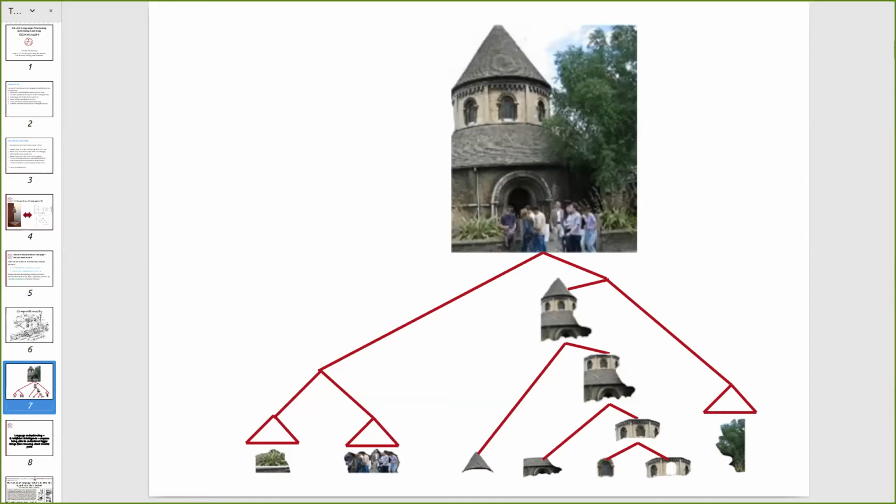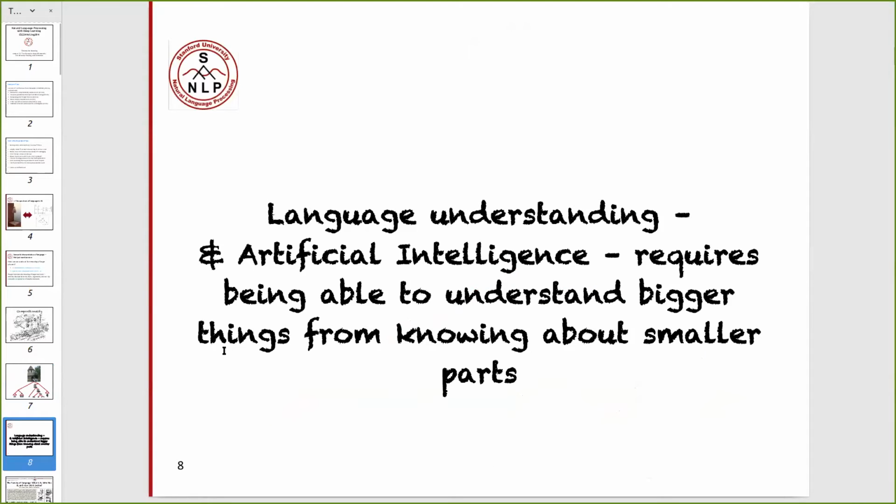We have trees, we have people, and then we have different parts of this building or structure here. So compositionality exists in language, and it's there in vision as well. And yes, making sense of smaller things, putting it all together, and then making sense of the entire thing is very critical both for language understanding and for artificial intelligence.